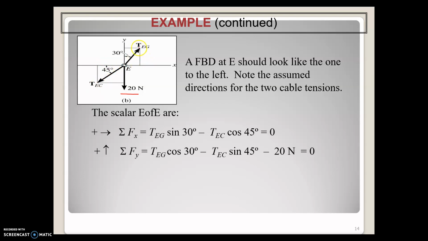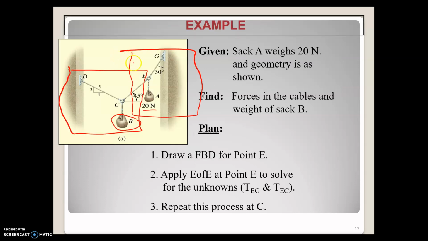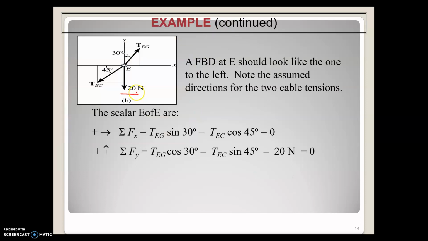You have given tension EG with angles 30 degree to Y axis, right? Okay, you have given 30 and 45, okay? Okay, alright. When you move this, you have this free body diagram, then you write down the scalar equation of equilibrium.